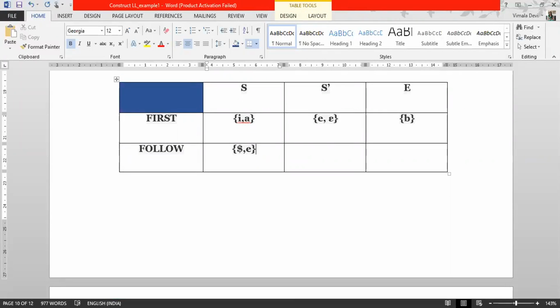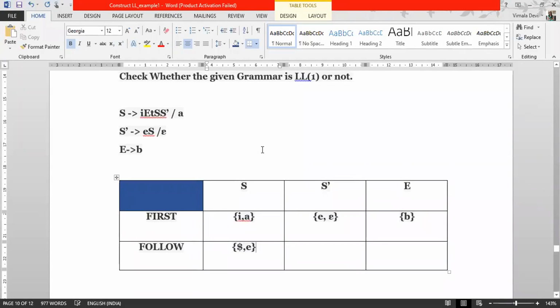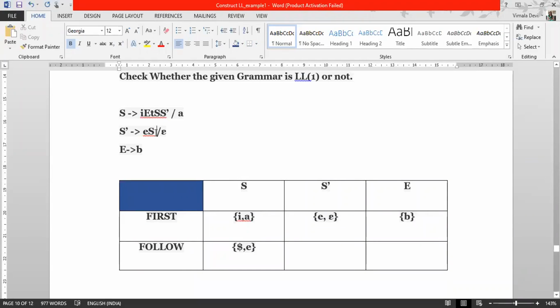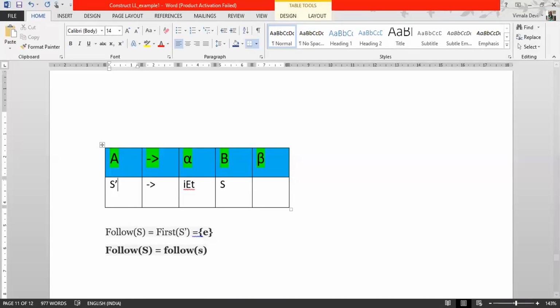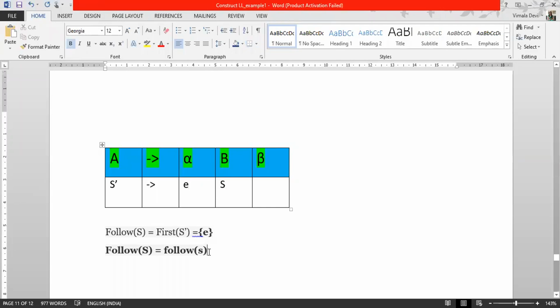Okay. Now let us compute follow of S'. To compute follow of S', once again, we have to consider one more rule. S' derives eS, to compute follow of S, isn't it? So let me write that rule here. S' derives eS, because this rule also contains S on the right hand side. When I explore this rule, according to this rule, third rule can be applied. Follow of S is follow of S'.